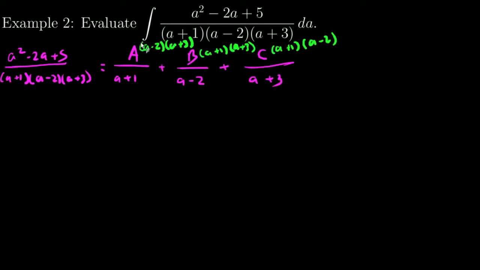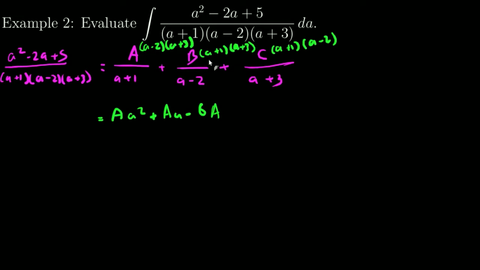If I multiply a minus 2 times a plus 3, I'll get a squared plus 3a minus 2a, which is the same thing as plus a, minus 6, which means I'll have A a squared, plus 1A little a, minus 6 big A.